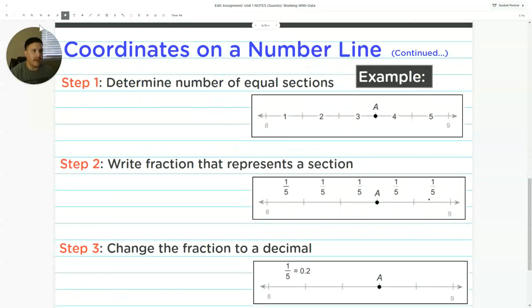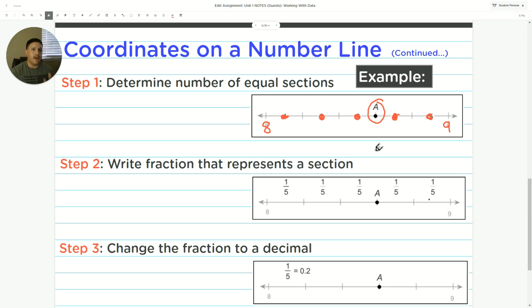Okay, so in this example, let's pretend these numbers are not there. I'll erase them in a bit. We have the number 8 and we have the number 9. And we have several tick marks in between 8 and 9. We have point A right here.